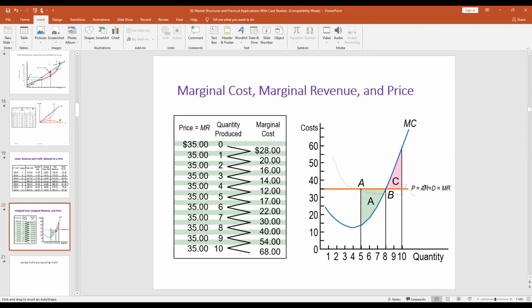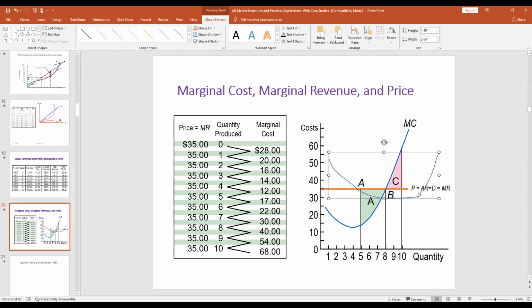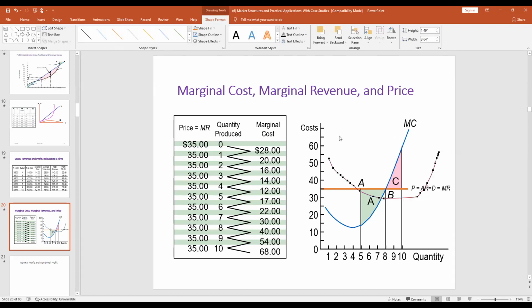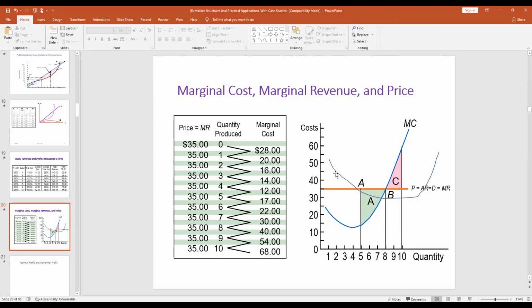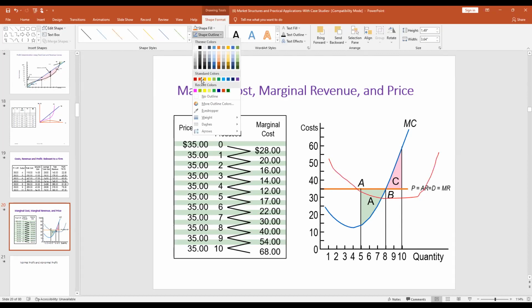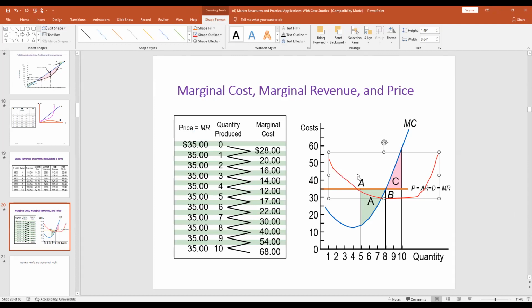This is the AC we studied earlier. Let me use a different color. Yes, this is the AC curve.